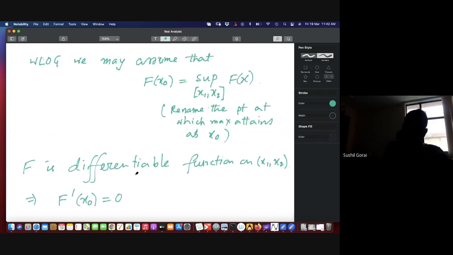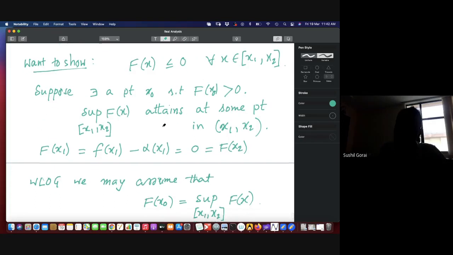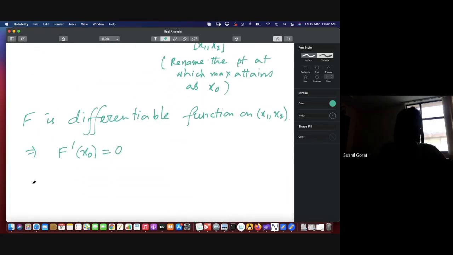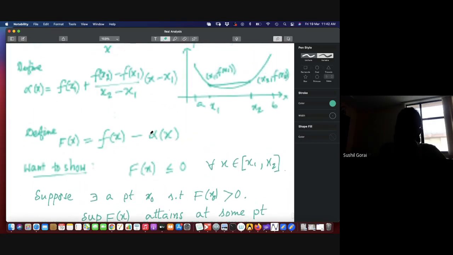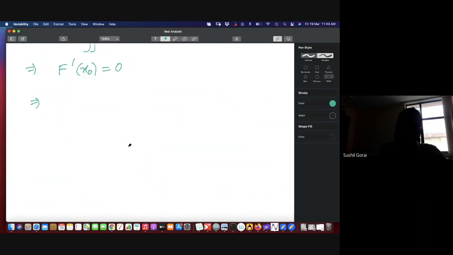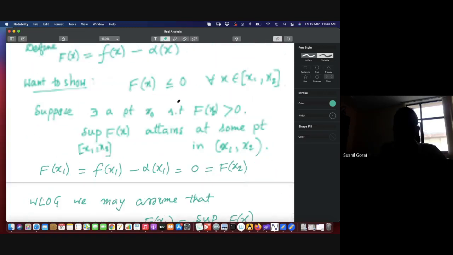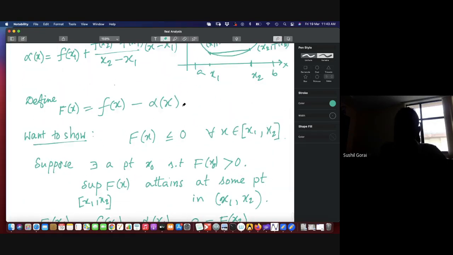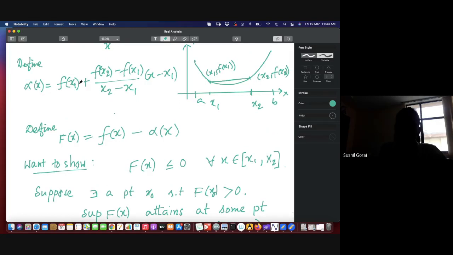All right. So what does this give? What is the derivative at x naught? Capital F of x is small f of x minus alpha of x. So this means f prime of x naught is equal to alpha prime of x naught, right? So what is alpha prime of x naught? Alpha of x is this one. So this f of x1 is constant, the whole thing is constant, right?